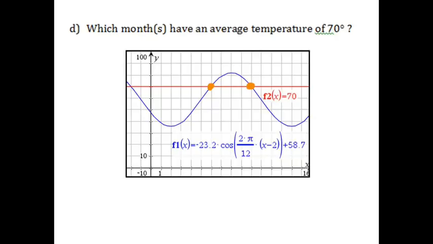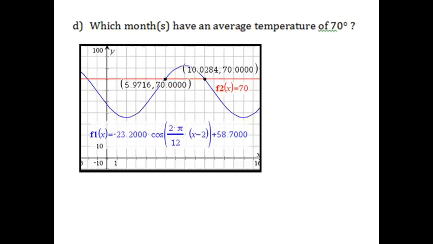So to do that intersection, you're going to go to the menu and then choose Analyze Graph and then Intersection Point. And when we find the intersection points, you should find these points, 5.9716 and then also 10.0284.